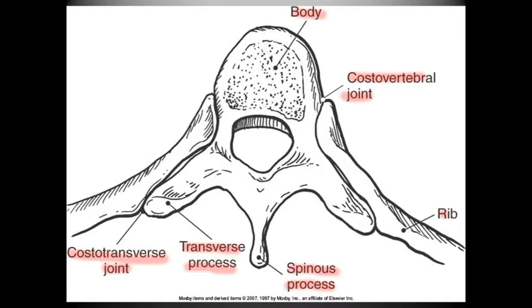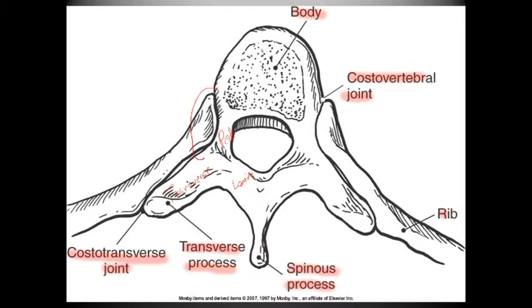And so here we see the body of a thoracic vertebra, and we're seeing a little different layout. We have the body, the pedicle, the transverse process, lamina, spinous process, but then we also see that we have articulation with the rib.